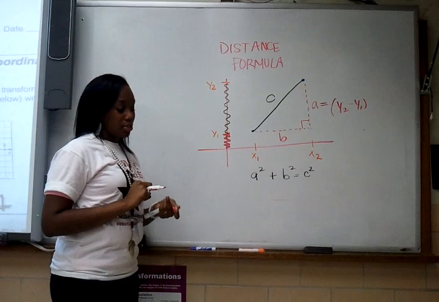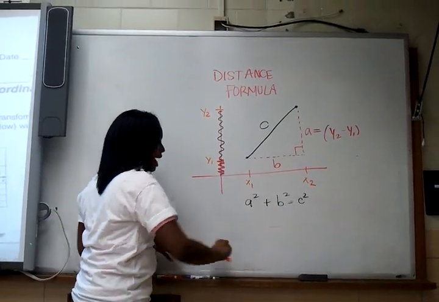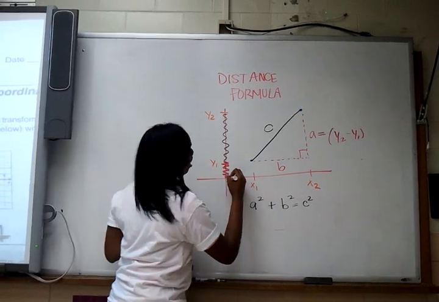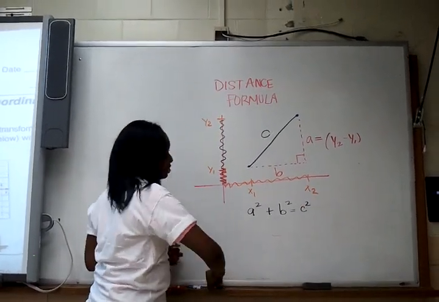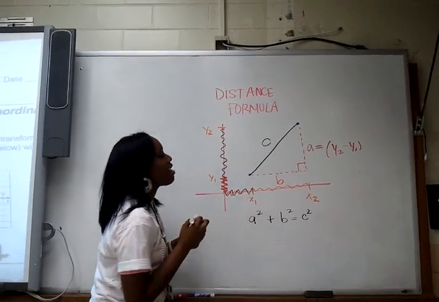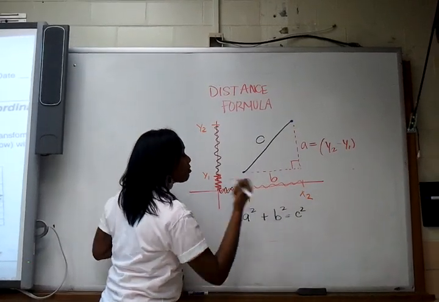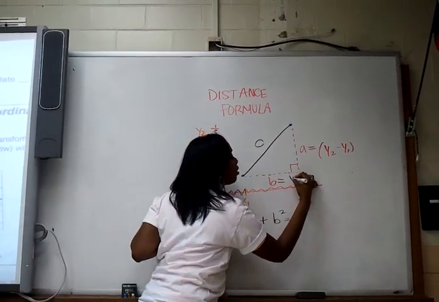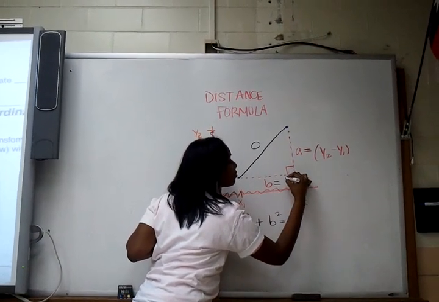Now you know what I'm going to ask you. How do you find B? Okay, I'm glad you asked. x2 minus x1, minus this part of it, that gives me the segment for B. Okay? So I can rewrite B as now x2 minus x1.